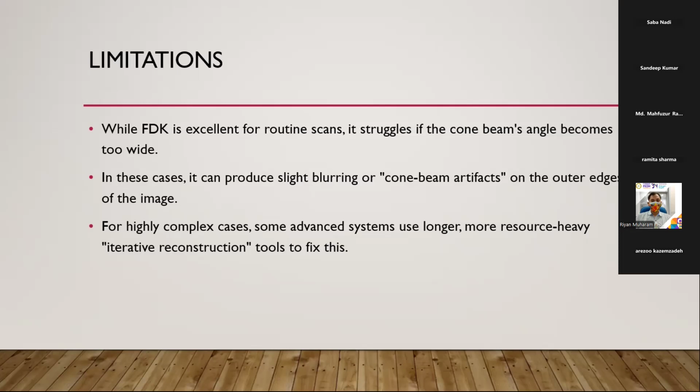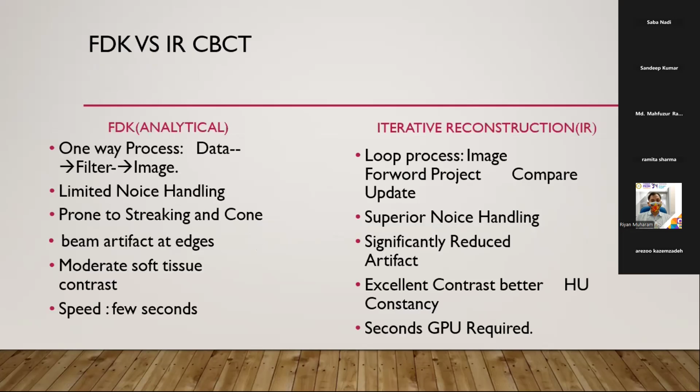But with the advancement of time, the requirement for more accuracy, we moved towards the iterative reconstruction tool. Iterative reconstruction was also introduced in CBCT, and we find that although it is time-taking, it gives very good results.